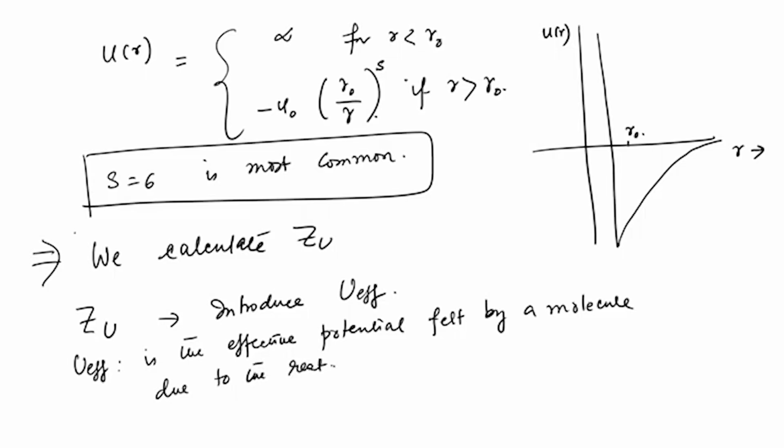Okay. So, instead of dealing with U, we will deal with U effective, and then we will of course establish a relationship between U effective and U. And so, this ZU becomes equal to the integral of exponential minus beta U effective as a function of R, d cube R, and this raised to the power n.